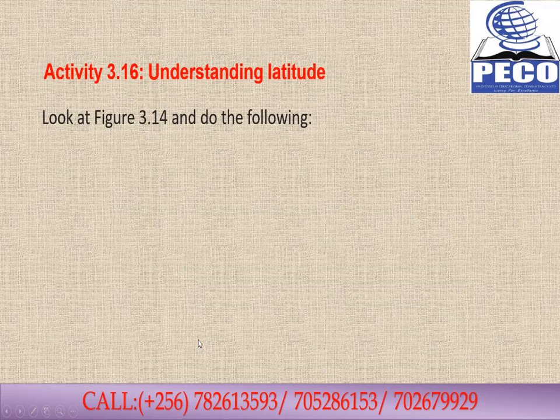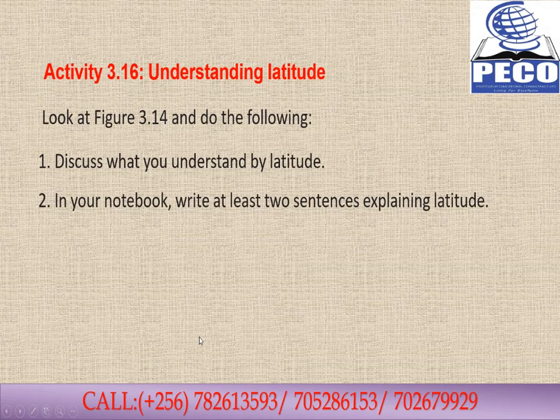So in order for us to understand the latitudes, we have to first know what we understand by a latitude. We've noted that these are lines running from west to east. So by definition, we can say a latitude is an imaginary line running from east to west or west to east.